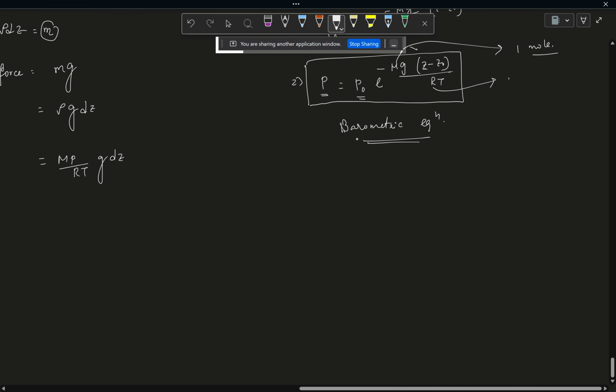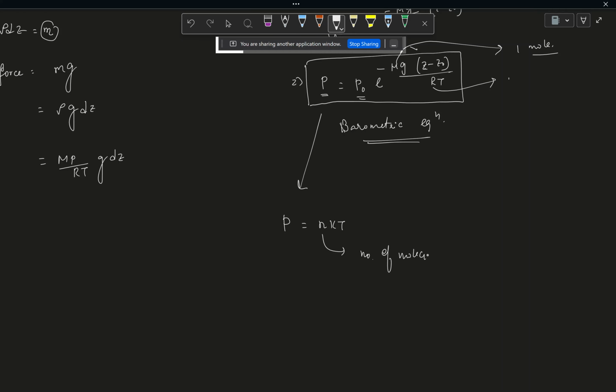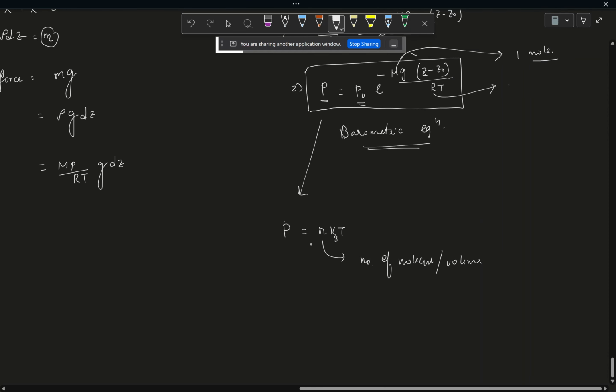Now why am I solving this? Because this will also be needed in another problem that we will solve next, and you can connect it directly with molecular number densities. You know there is a formula P equal to NkT, where P is the pressure, N is the number density, that means the number of molecules per unit volume, k is the Boltzmann constant kB, and T is the absolute temperature. So you can see that P is directly proportional to N, and kBT are both constant, T being constant for a particular temperature.